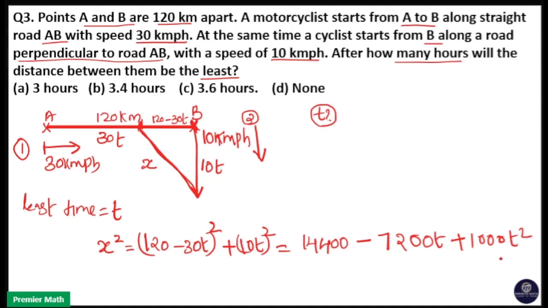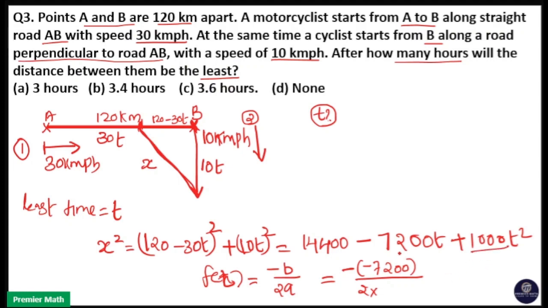Then to find the least distance and the time responsible for it, the least distance will be at t equal to minus b by 2a. Here minus b is 7200 divided by 2 into a, where a is 1000.